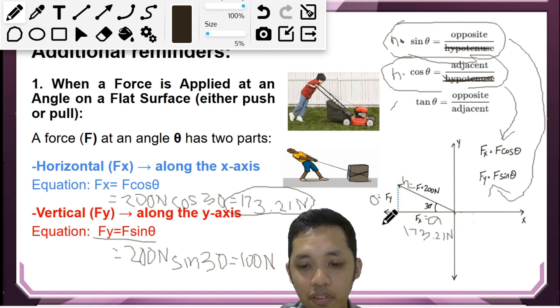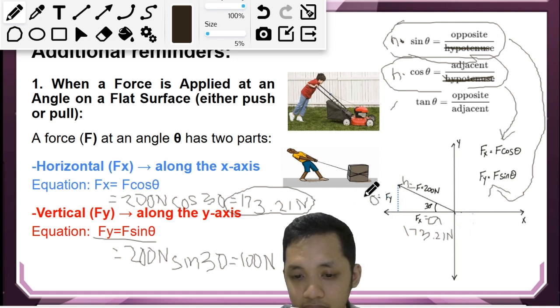So our f of y, or our opposite side, is equivalent to 100 newtons.